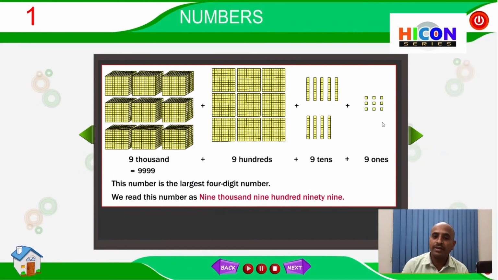In the next part they have given 9 single pieces, each representing 1 one, so the total becomes 9 ones. So 9000 plus 900 plus 9 tens plus 9 ones is equal to 9999. This number is the largest 4-digit number.